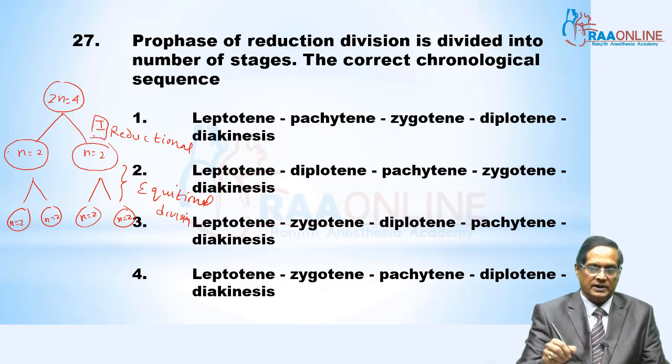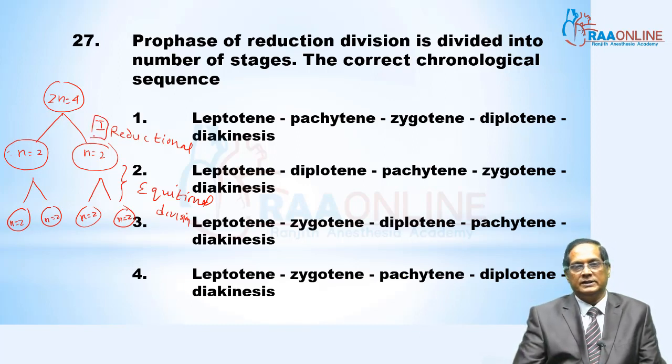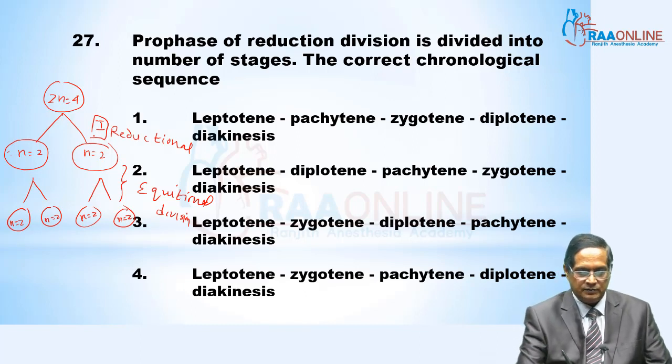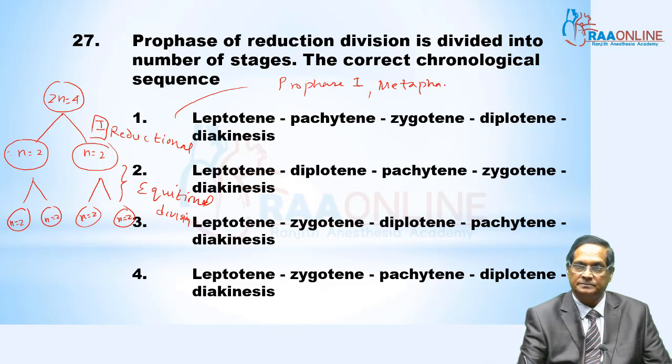In meiosis 1, it is full of events. First meiosis comprises 4 phases: prophase 1, metaphase 1, anaphase 1 and telophase 1.